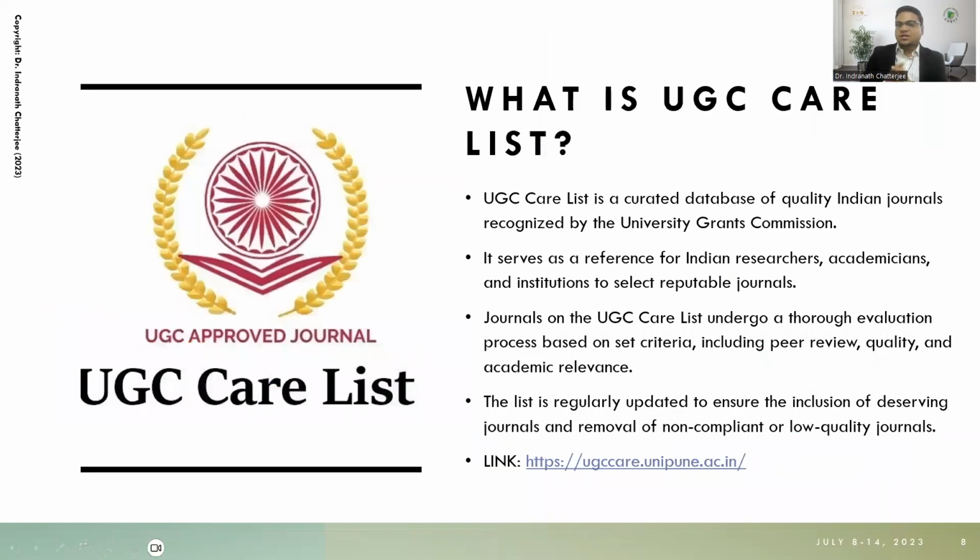So in this lecture, we are mostly focused on the UGC CARE list and Scopus list. So first, let us understand what the UGC CARE list is. The UGC CARE list is a curated list of high quality Indian journals recognized by the UGC. Every quarter of a year, like every 3 months, they refresh the list.